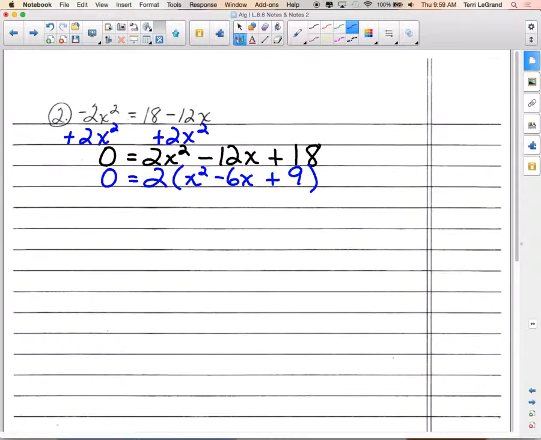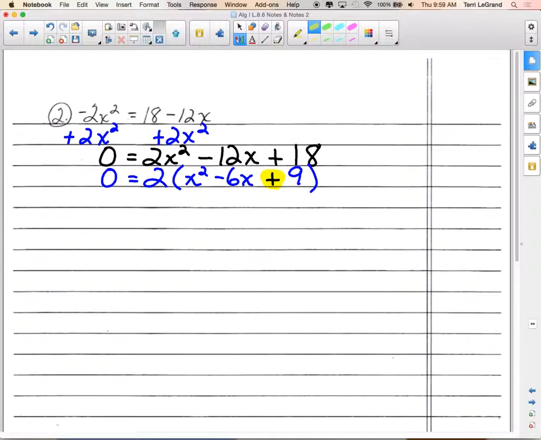Is there anything else staring you in the face about that x squared minus 6x plus 9? It begins and ends with a perfect square. It's a special product, maybe. What does it have to have in front of the c value? Addition in the trinomial special product.